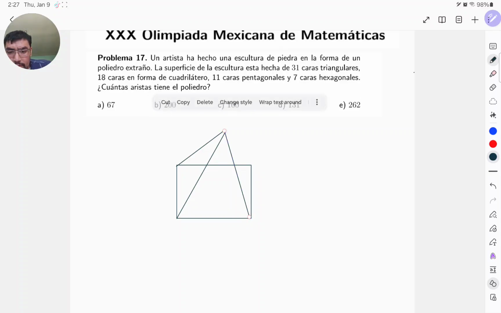The drawing is not the best, but I'm doing what I can.